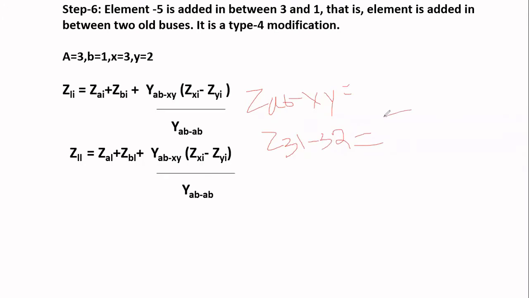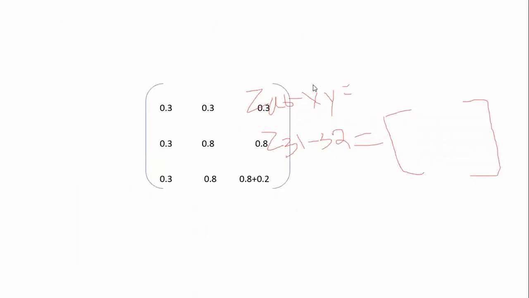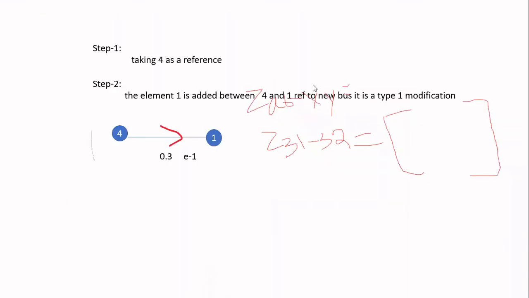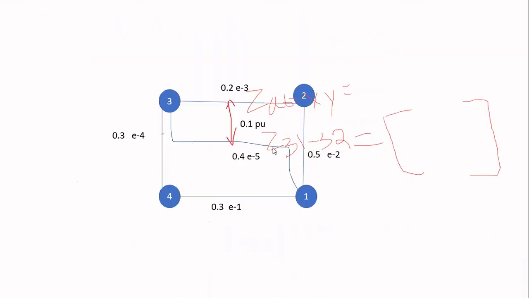First of all, how will we form the Y3132 matrix? First we observe the diagram. That will be given in the table. This is the given diagram. In this given diagram, this red arrow is the mutual impedance. That will be added in between 322 and 321. First, which element is added in between 322? That is 0.2.